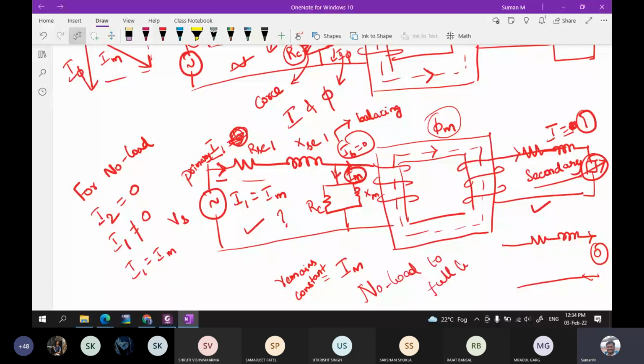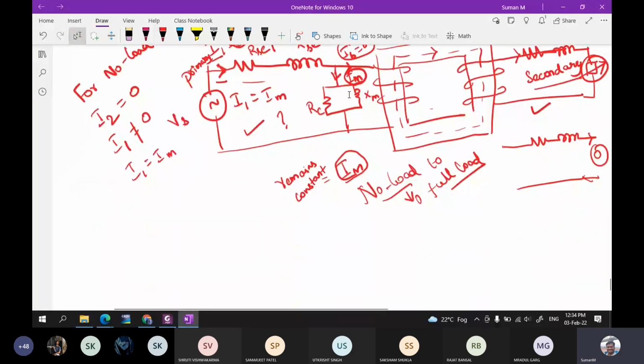This Im is responsible for this mutual flux. So if the Im is constant, this flux will be constant. No load means zero current. Full load means rated current of the transformer.